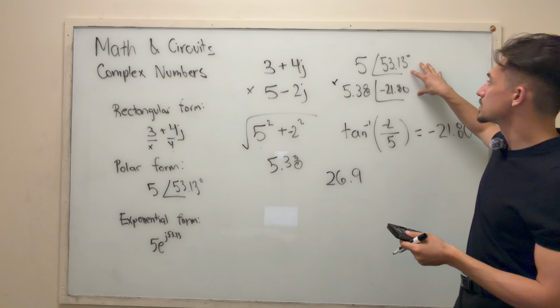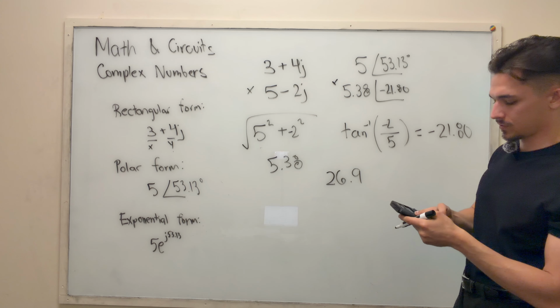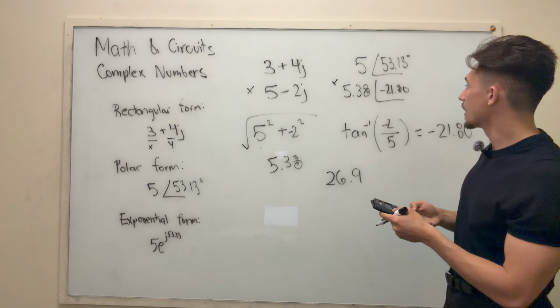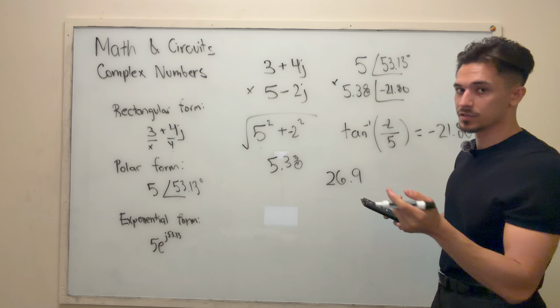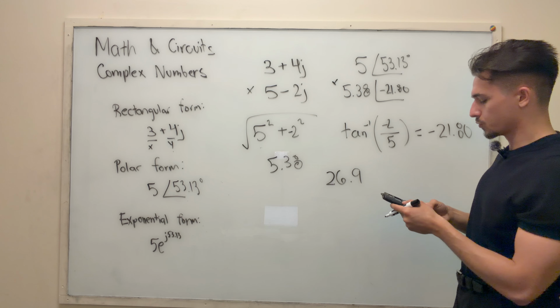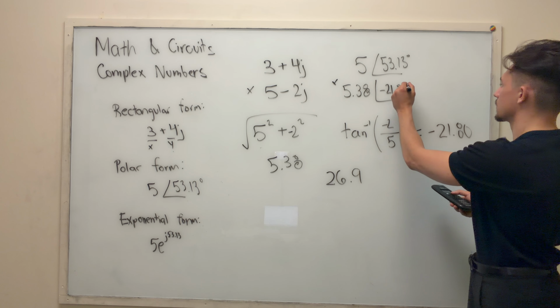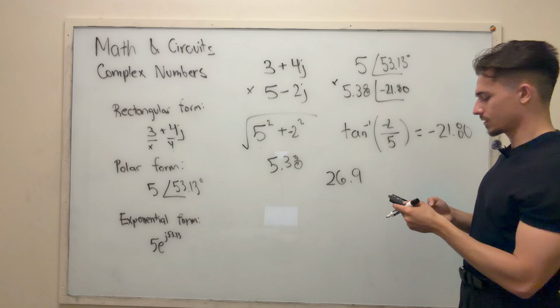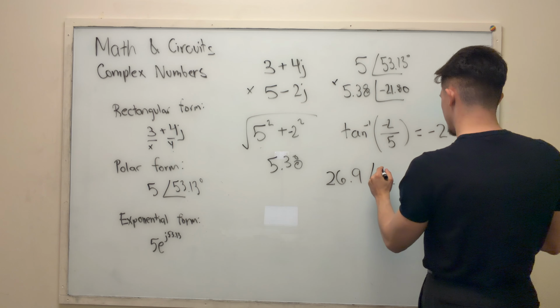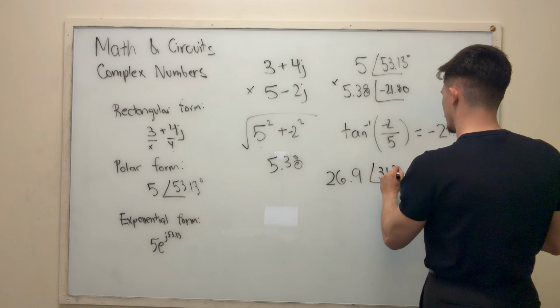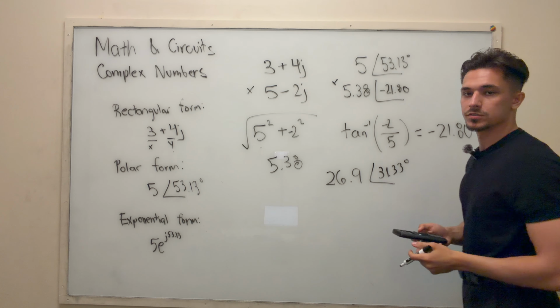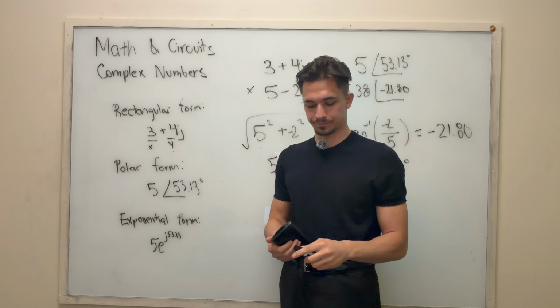So in this case, we take 53.13 and we subtract 21.80 because it's a negative value. And that will give us the angle of 31.33 degrees. So that's how we do that.